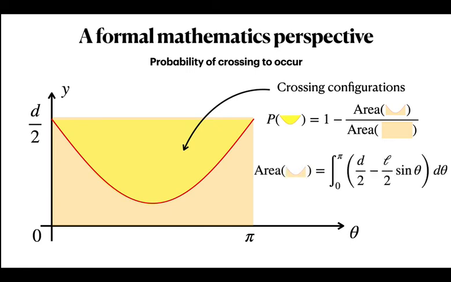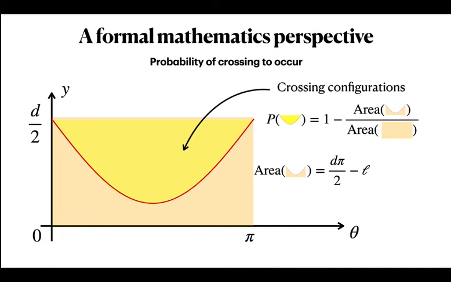It says that the area of this region is the integral from 0 to pi of d over 2 minus L over 2 sine theta d theta. Whether you know how to do this or not, if you want me to give some details, I would be happy to do it during the questions, but I'm simply going to give you the outcome right now. This is a quite simple integral to evaluate, and you would find something like this: d times pi over 2 minus L.